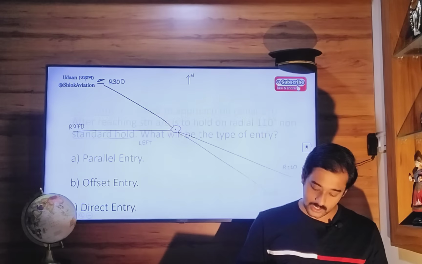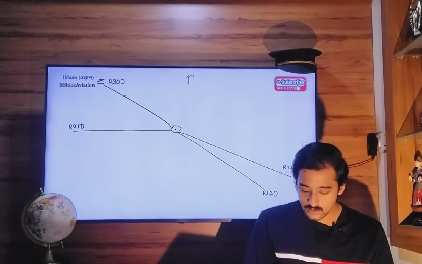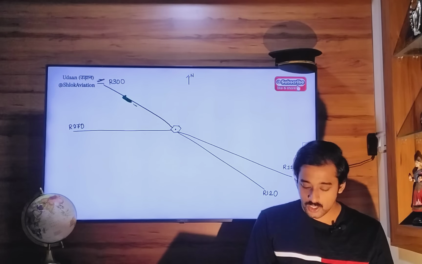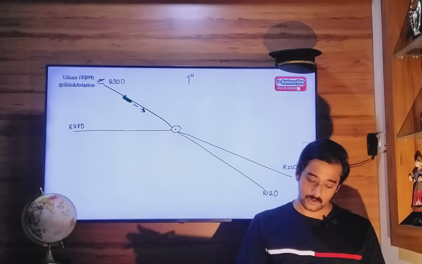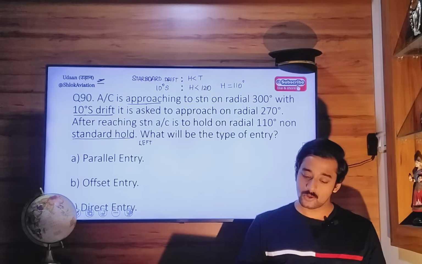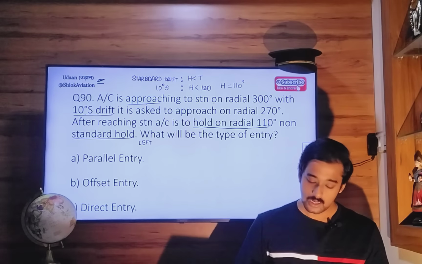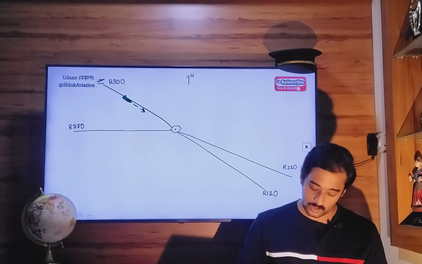Okay, so let's draw this. Aircraft is positioned on radial 300, heading 110. Now we have to hold on, we are asked to hold on radial 110, left hand, non-standard hold.